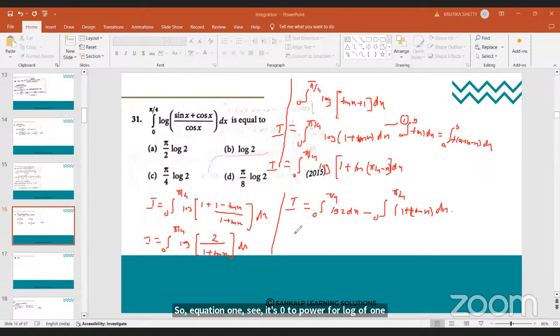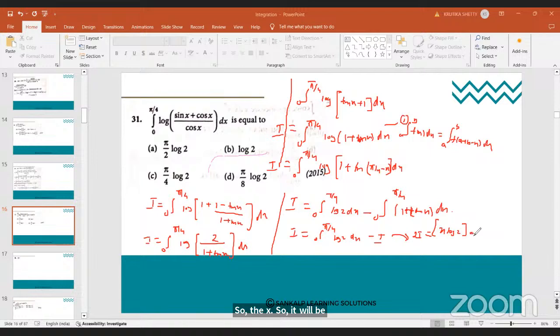So I is equal to I plus the integral from 0 to pi by 4 of log 2 dx minus I. When we shift I to the LHS, we get 2I is equal to, the integration of a constant will be x, so x log 2 from 0 to pi by 4. So 2I is equal to pi by 4 log 2, or on simplifying we get I is equal to pi by 8 log 2.